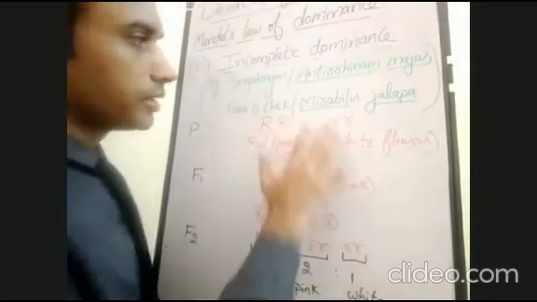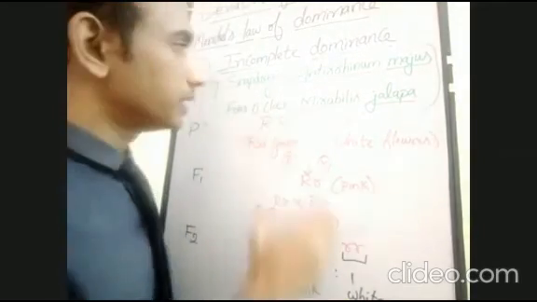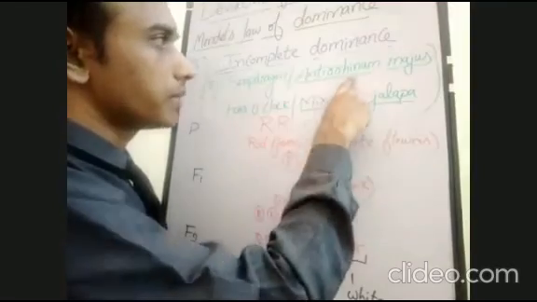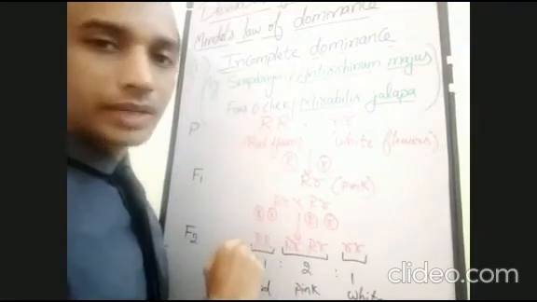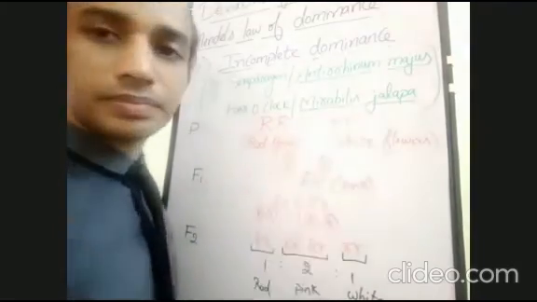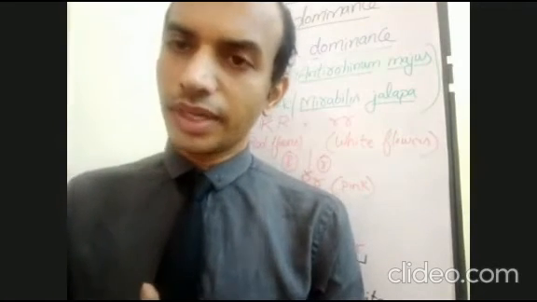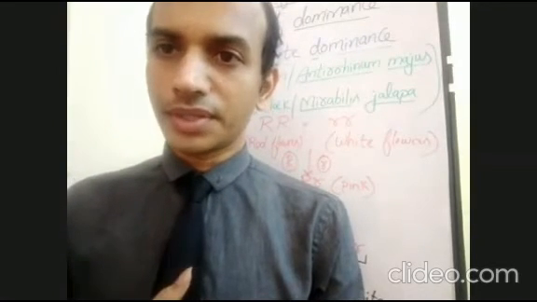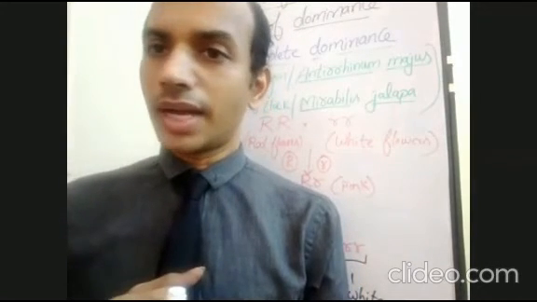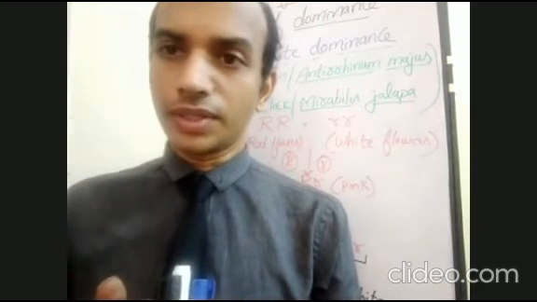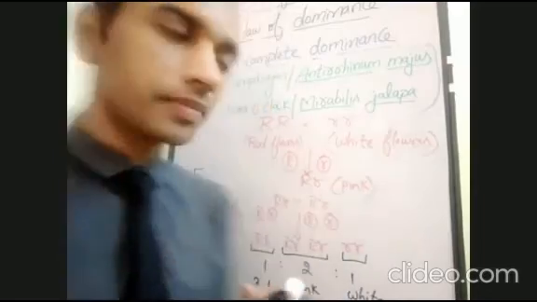This is observed in the case of flower color in snapdragon, or scientific name Antirrhinum majus, or in flower color in the case of 4 o'clock plant, or Mirabilis jalapa. In this plant, we observe red color flowers, white color flowers, but also pink color flowers. As Mendel had said, there is no blending in the F1 generation, but here we come across a blended appearance.